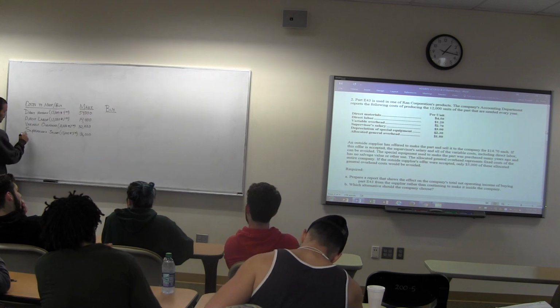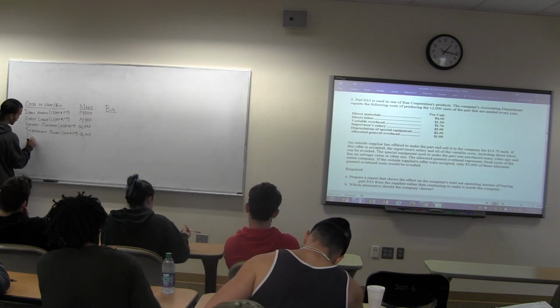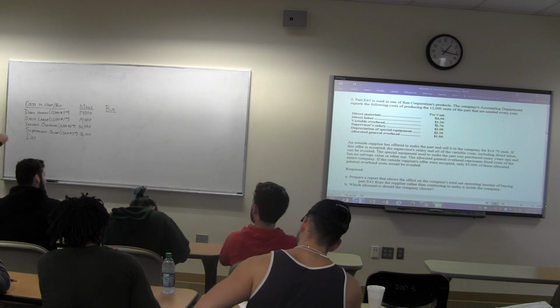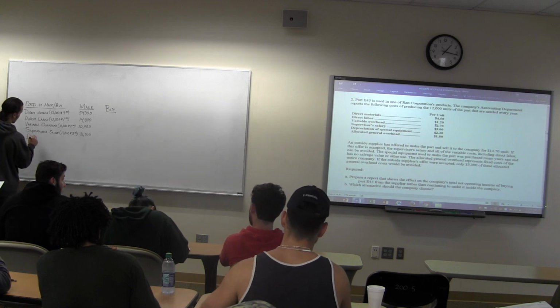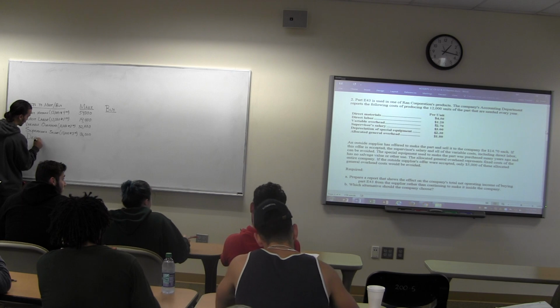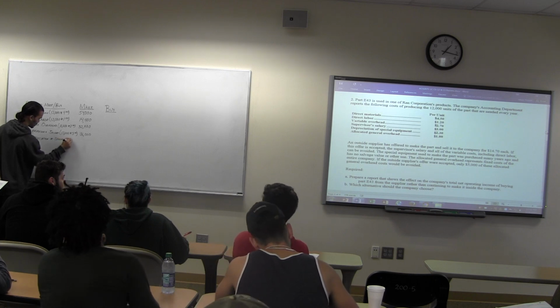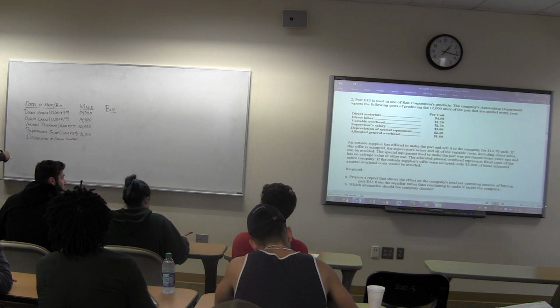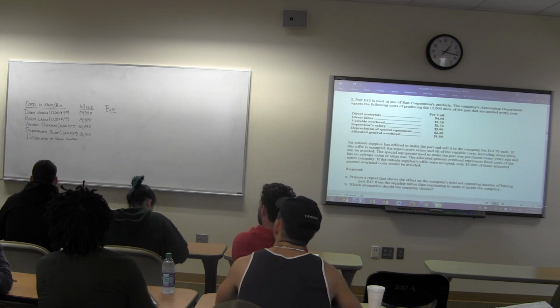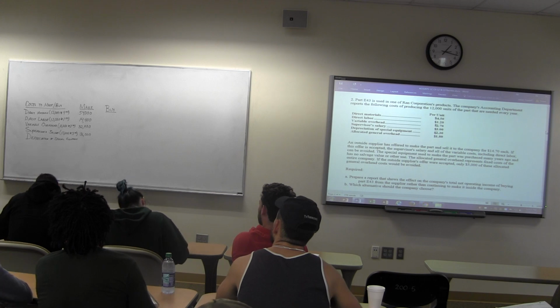So that means the depreciation of the special equipment will still continue, correct? Whether I make it or whether I buy it. In this case, whether I make it or whether I buy it, I'm going to still pay for it. It's the same amount. I don't even need to do any math. Okay?